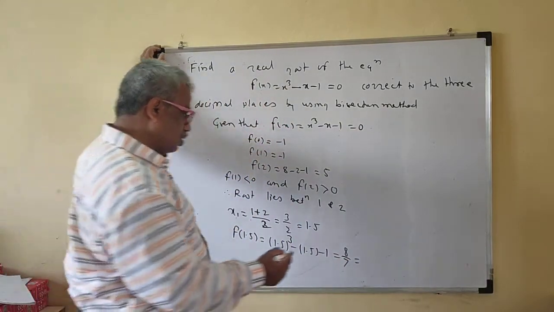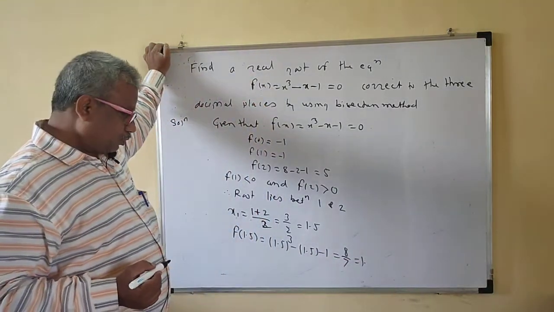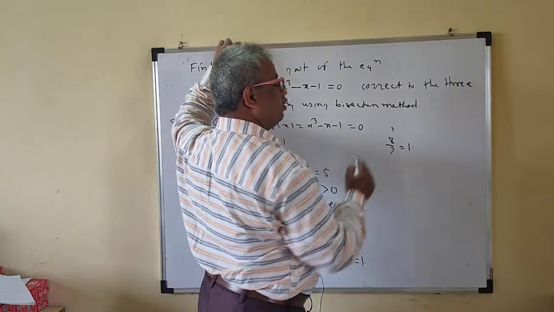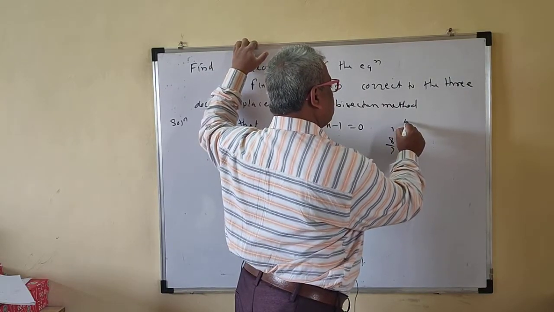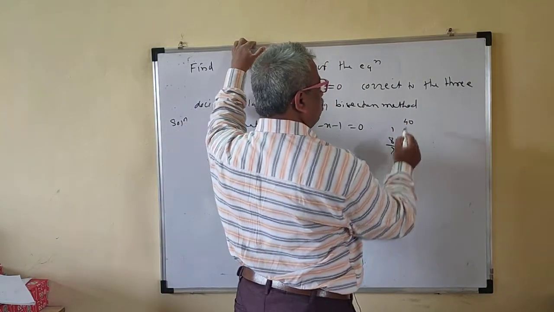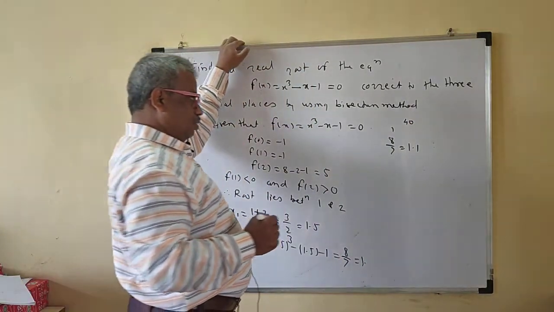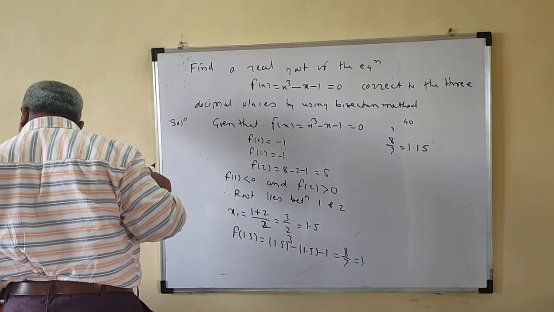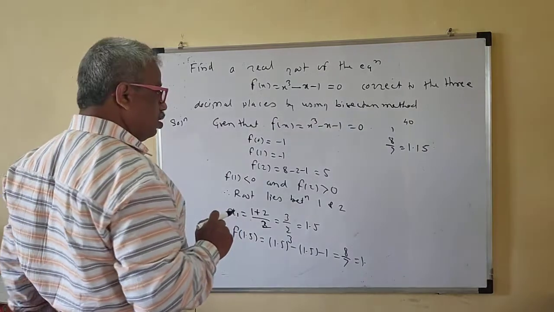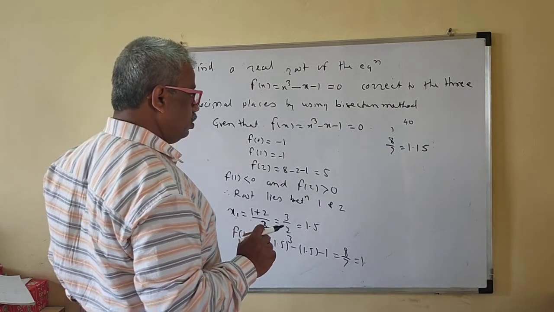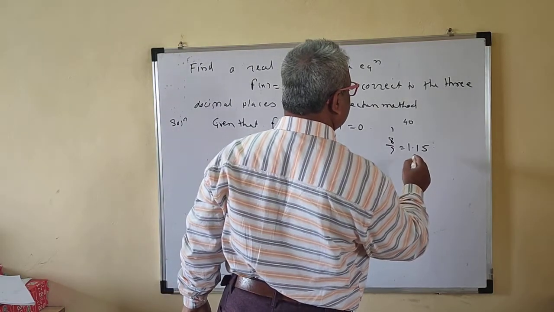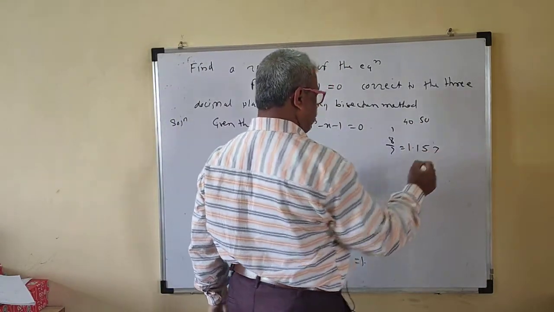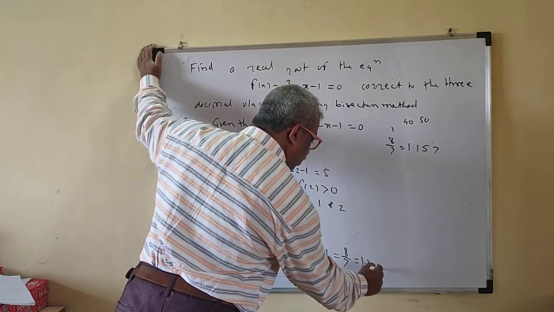So 8 by 7 is 1.14 and so on, 1.1, then 4, then 0, then 5, 5, 5, then 7. So I write this is 1.157 and something like this.